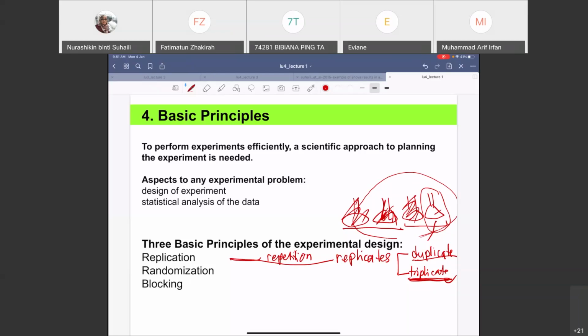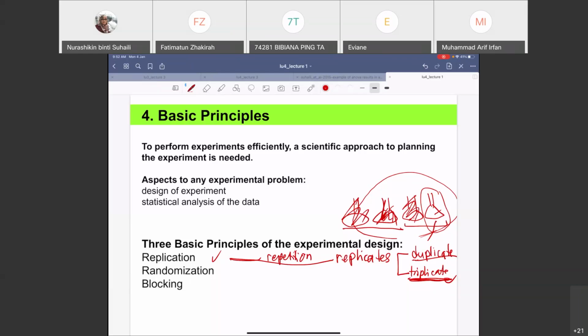But having to repeat because you don't have enough samples is not desirable, because it will cost you time as well as energy. Okay, so replication is very important, right? Duplicate is 2, triplicate is 3.